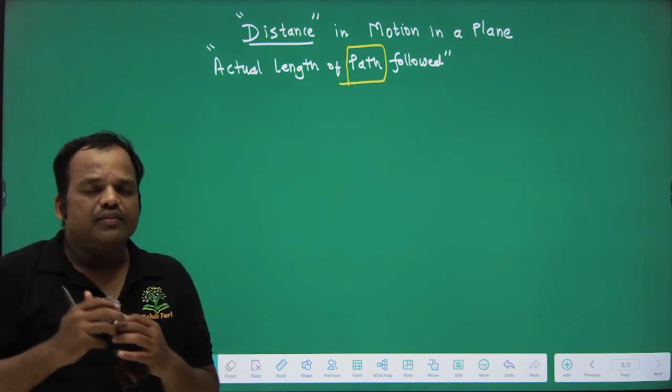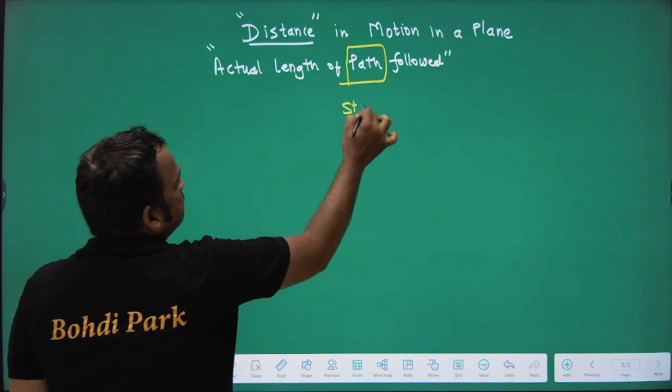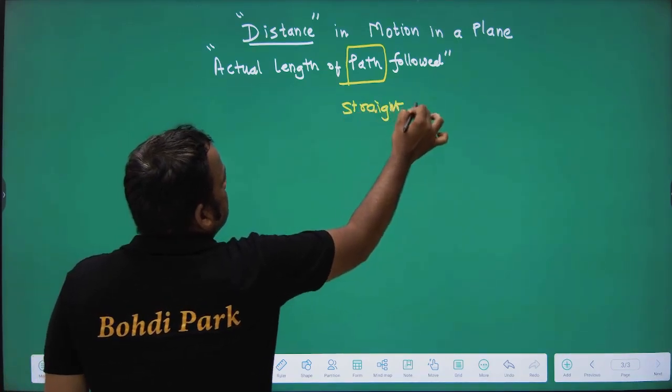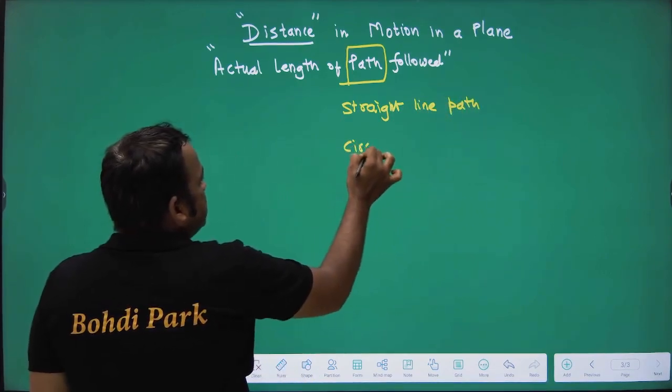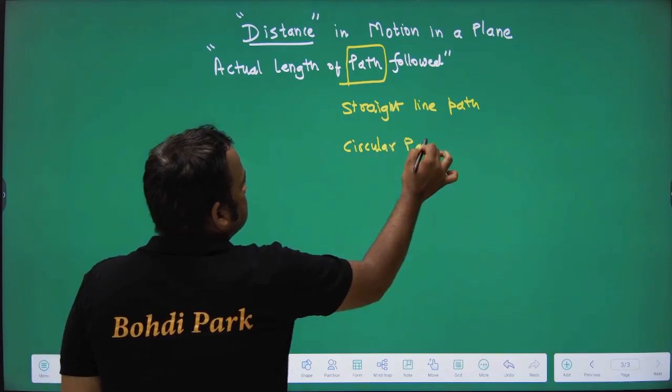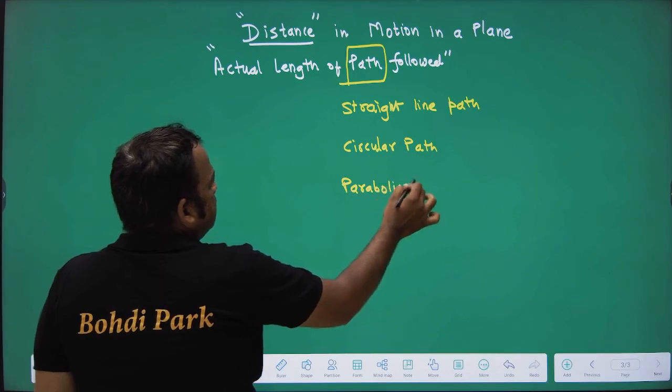So some well-defined paths are: it can be a straight line path, it can be a circular path, it can be a parabolic path.